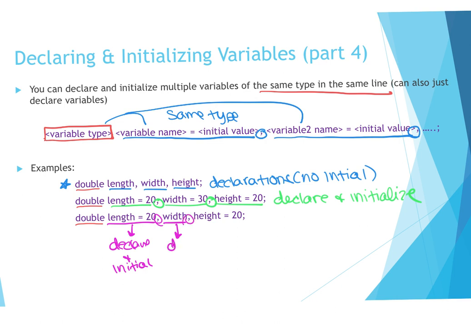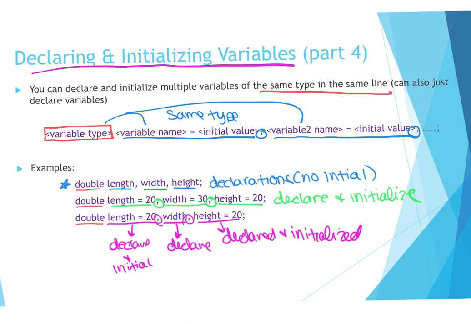So this one is just being declared. And then this one here is being declared and initialized as well. So we have a couple of different options. I'm okay with whatever you're most comfortable with when it comes to these declarations and initializations. You will just need them in some way, shape, or form as you create different variables for your programs.